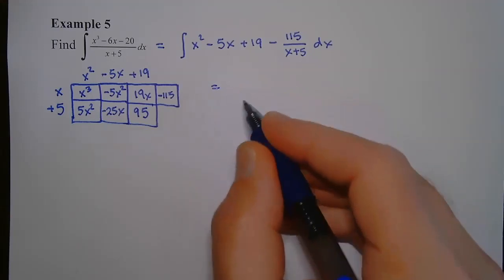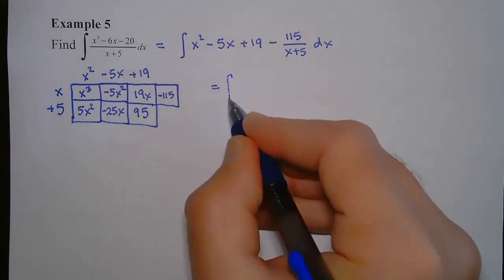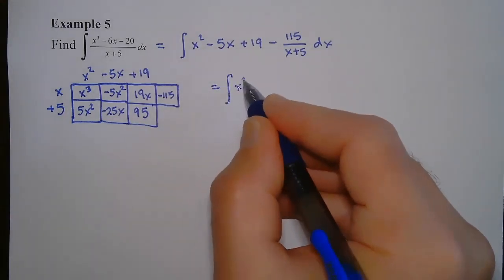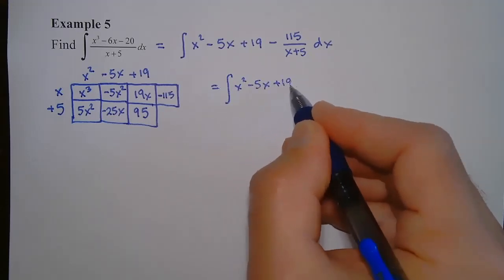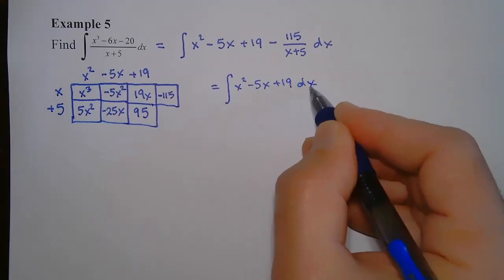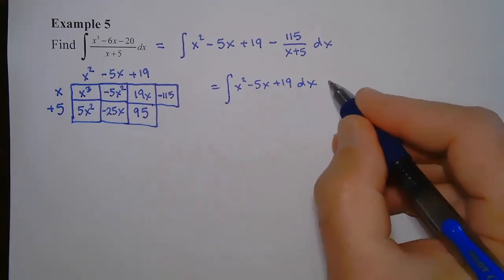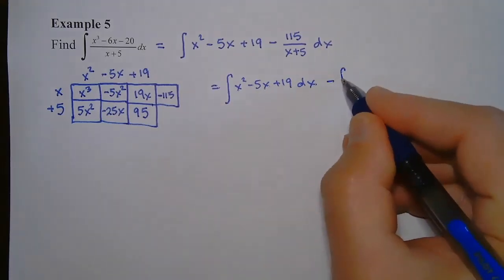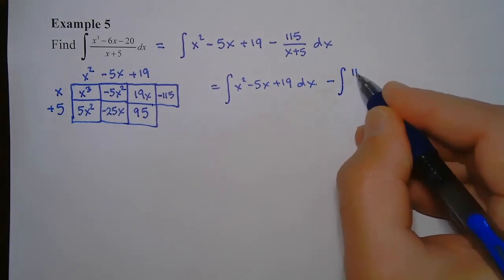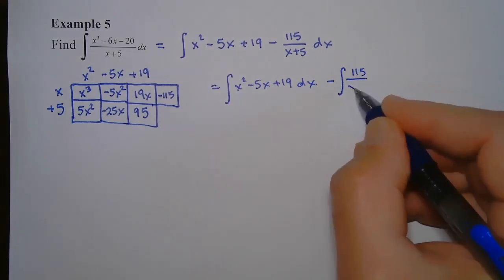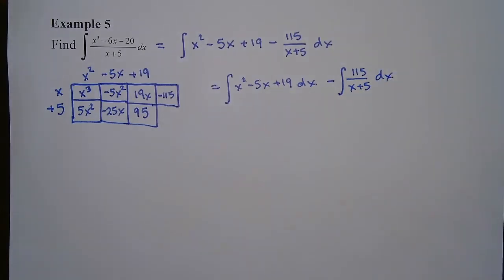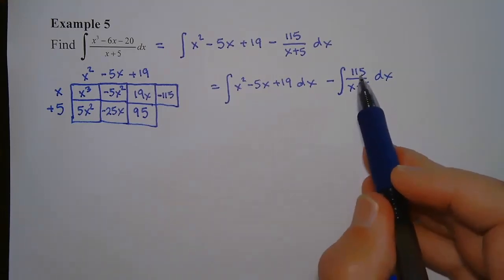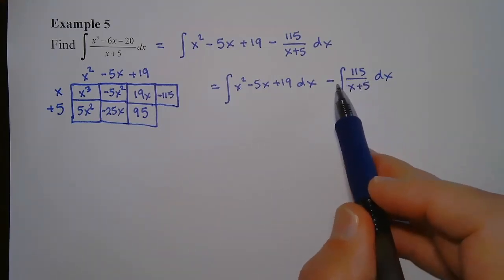So this becomes the integral of x squared minus 5x plus 19 dx, and then minus the integral of 115 over x plus 5 dx. All right. Now this 115 can get pulled out.